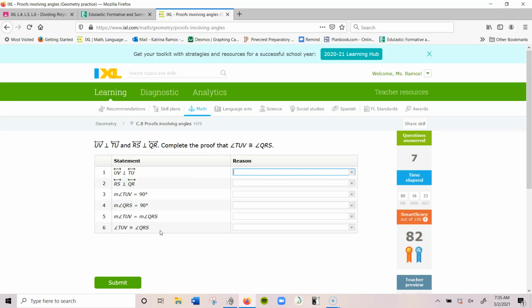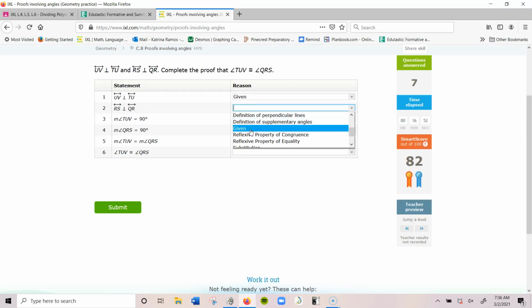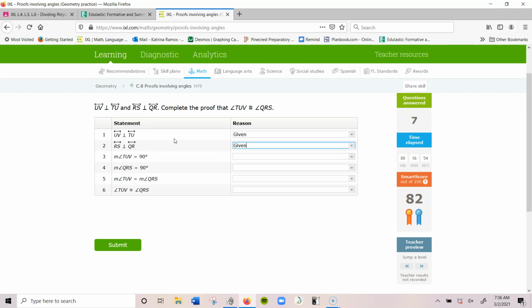All right, I'm pretty sure this is the last one because Delamo said you only need to get to an 85. Now here we are told that UV is perpendicular to TU and RS is perpendicular to QR, which is given here at the beginning. So both of these are given statements. Now, the measure of angle TUV is equal to 90 degrees.